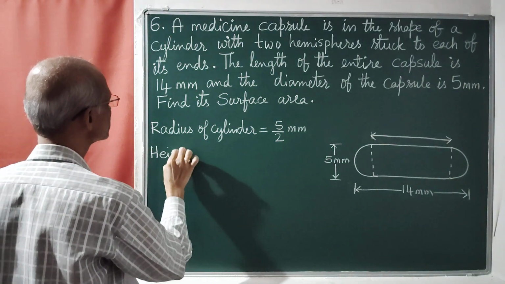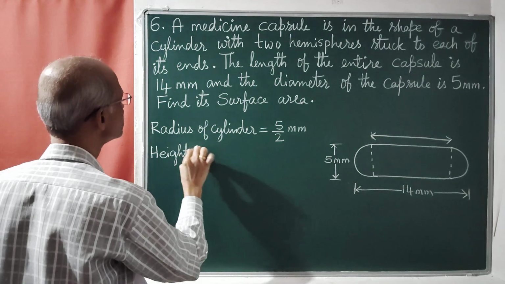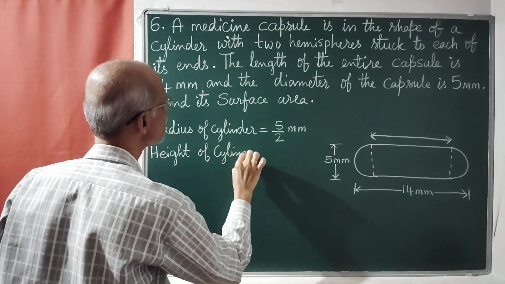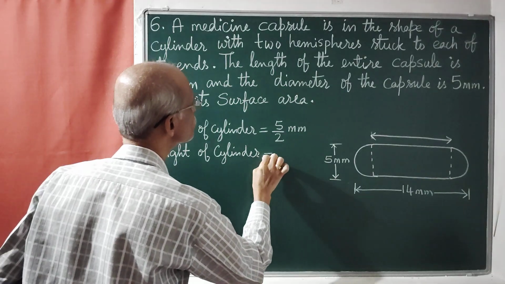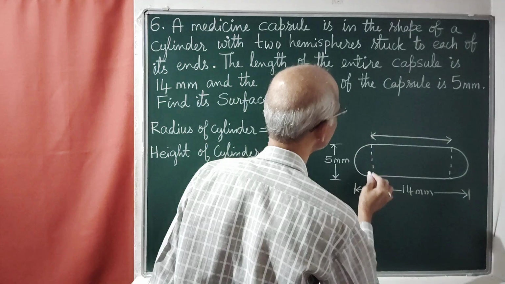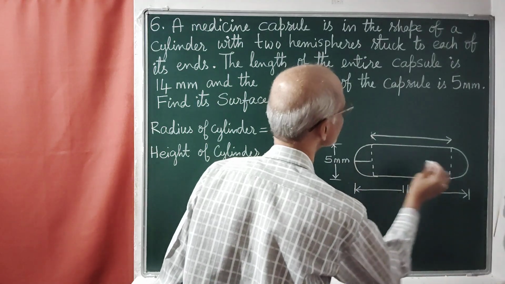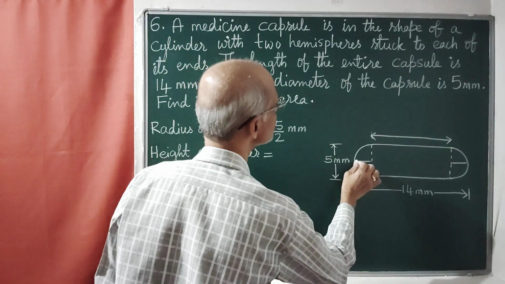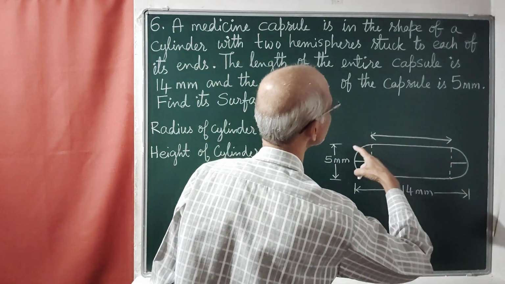So height of cylinder: to get the height, we have to subtract the radius of the hemisphere on both sides. We have to subtract this part from the total height.